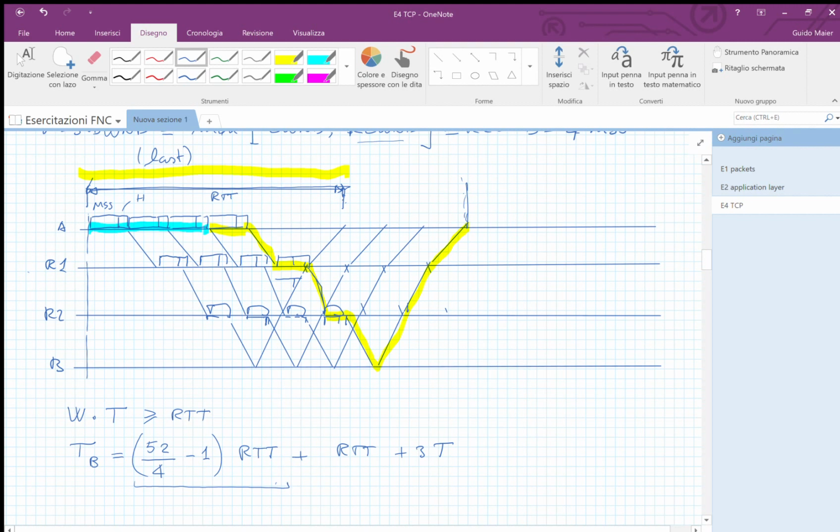Then the transmitter stops, and then it transmits again other 4 segments. The last repetition of this phenomenon takes more, because you have to wait for the last segment. So this is the calculation of the last part of the transmission time.